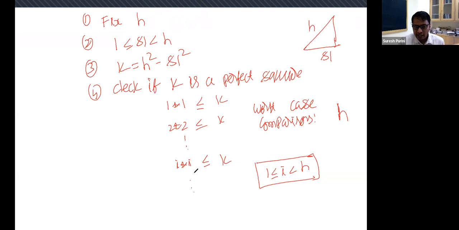Here we are looking for an I such that I square is equal to k. That is the question.